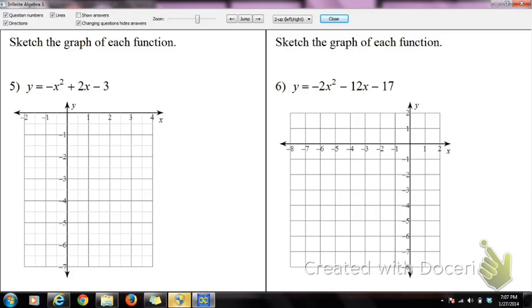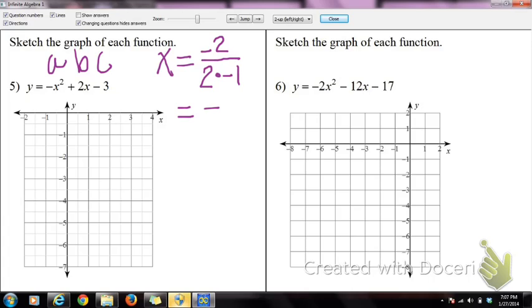The first thing we have to do is find the vertex. So we need to label A, B, and C. Since the vertex is the opposite of B over 2A, we have x equals the opposite of B, or -2, over 2 times A. And since A is -1, we put a -1 down there.